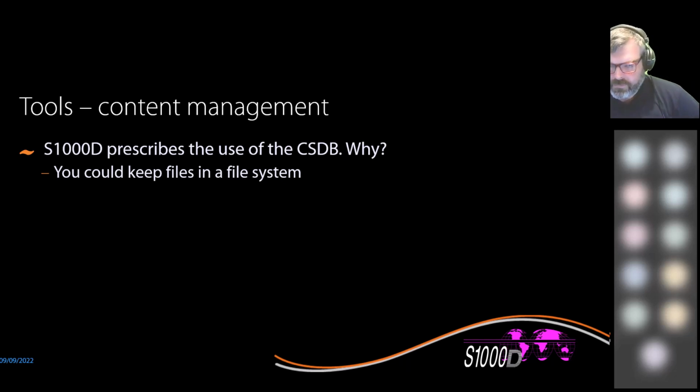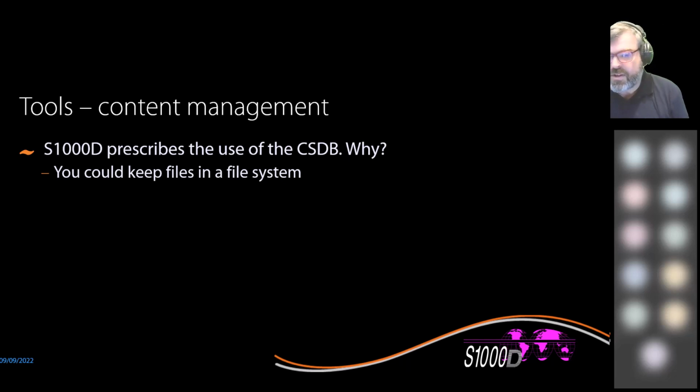Now, if you had a simple project, it might be quite easy to just keep your files in a file system. In effect, your file system is your CSDB. You would probably want at least some kind of simple database or spreadsheet to track things like issues and updates, and maybe track external items, like certificates for verification and validation of the content and so on.